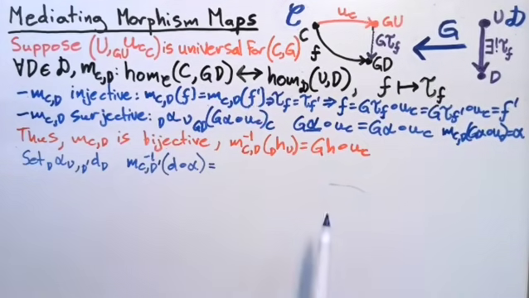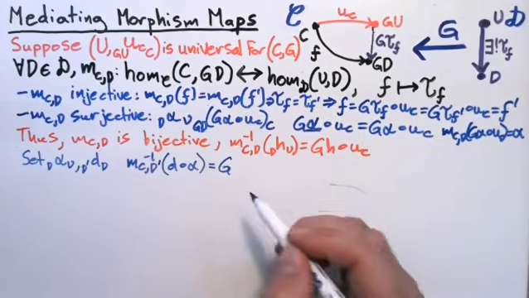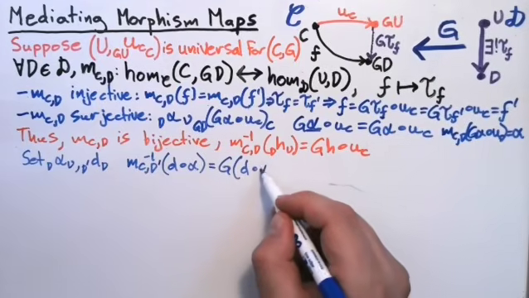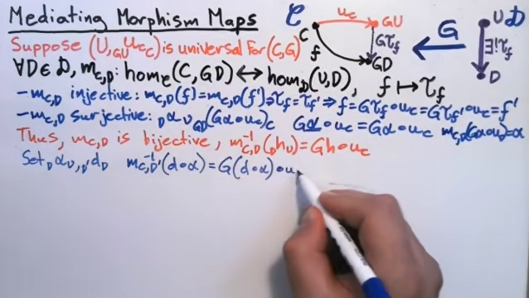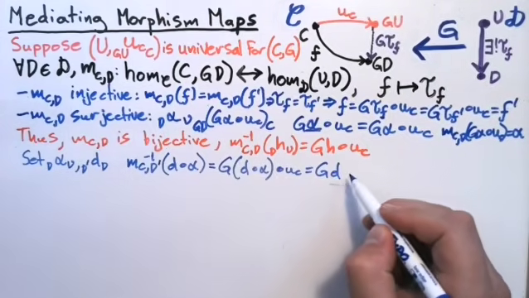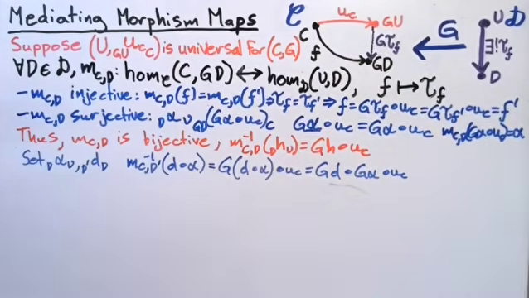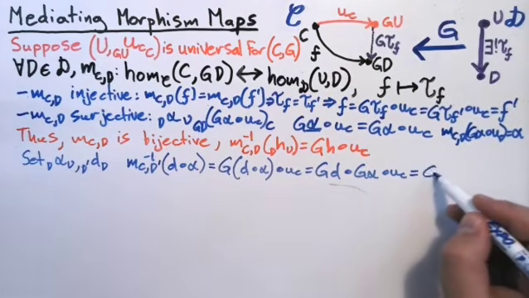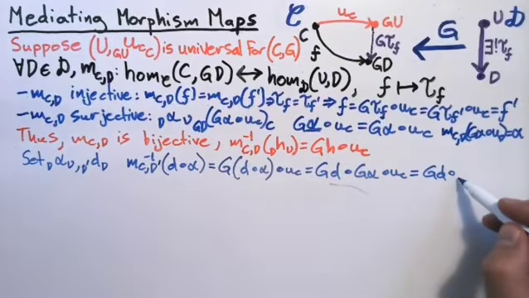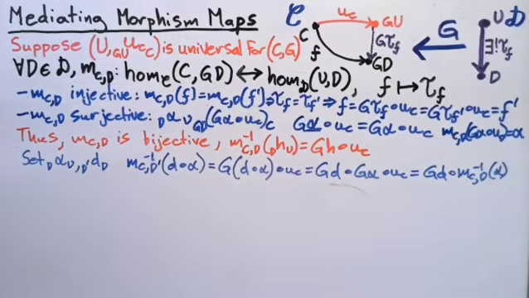And that's going to be equal to, by this formula, G D after alpha after UC. And then we can distribute this to get GD after G alpha after UC. And this is just this formula applied to alpha only, right? Instead of the composition. So we can recover our MCD inverse of just alpha here.